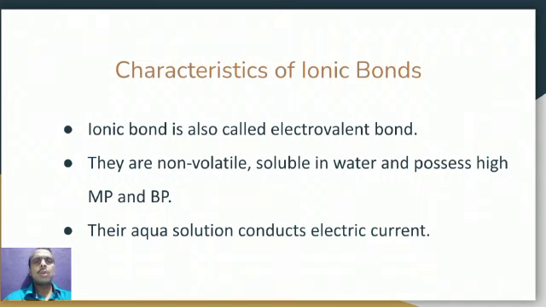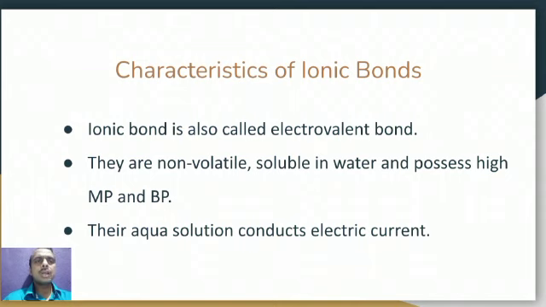Similarly, they are non-volatile and soluble in water, and if they are soluble in water, that means their solution conducts electric current. Ionic bond is also called the electrovalent bond.